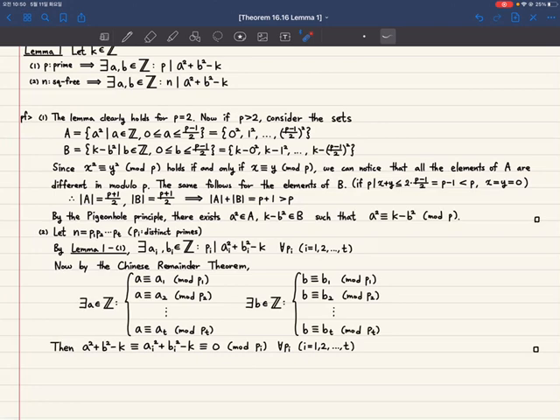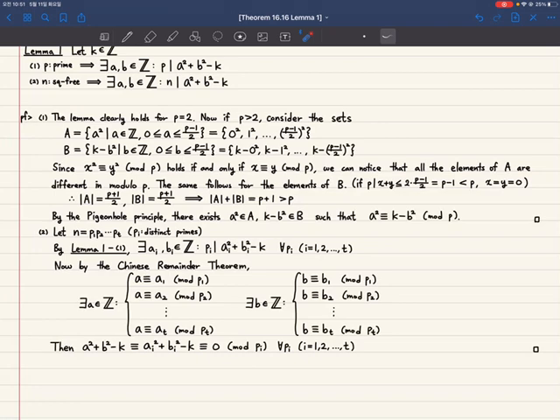And now we use the Chinese remainder theorem, which tells us that there exists an integer A such that A is congruent to a1 modulo p1, A is congruent to a2 modulo p2, all the way to A is congruent to at modulo pt, and we perform the same thing for an integer B. Then A squared plus B squared minus k will be congruent to ai squared plus bi squared minus k, which is congruent to 0 modulo pi, for all distinct primes pi, where i ranges from 1 to t.